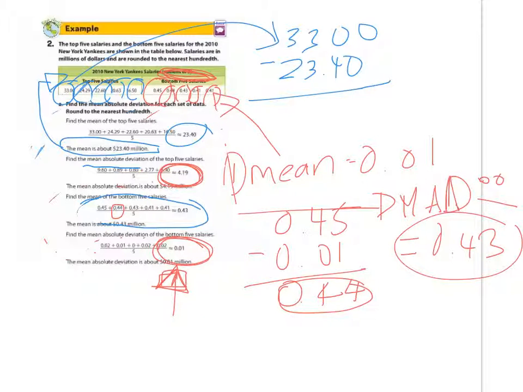That means that the bottom 5 salaries are closer to the actual mean. This is 4.19, so on average, the salaries are a little bit further away from the mean, which is 23.40. This has less spread from the mean, and this one has more spread from the mean.